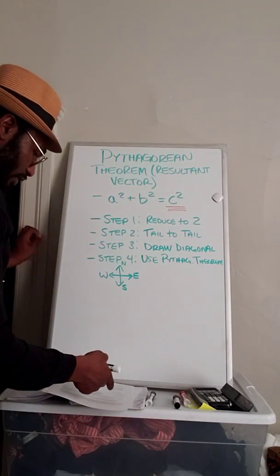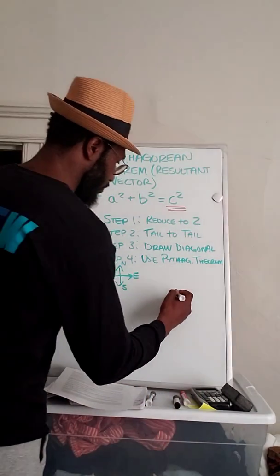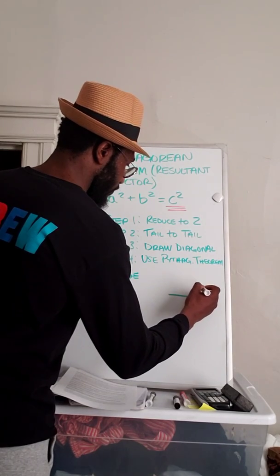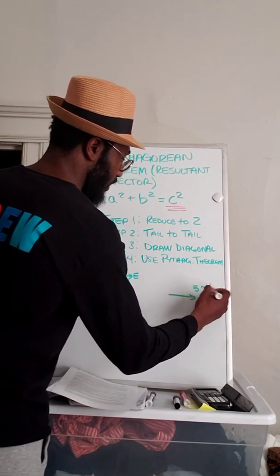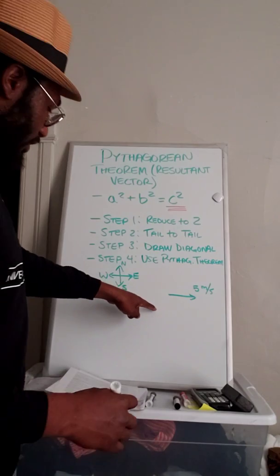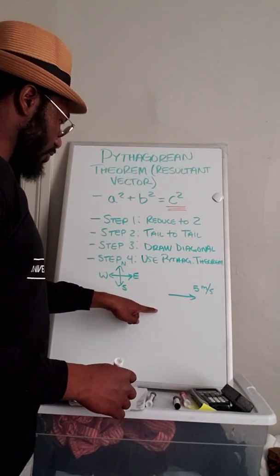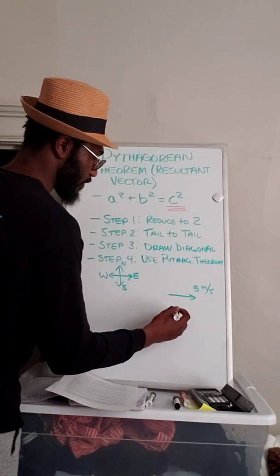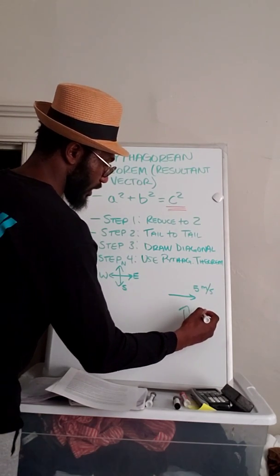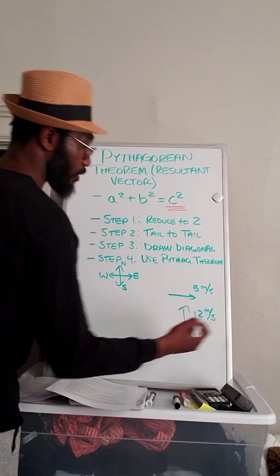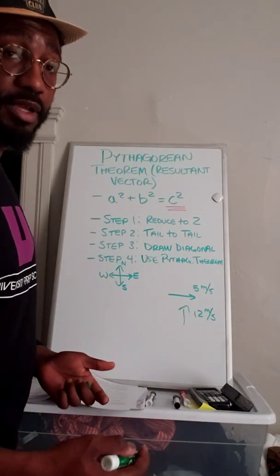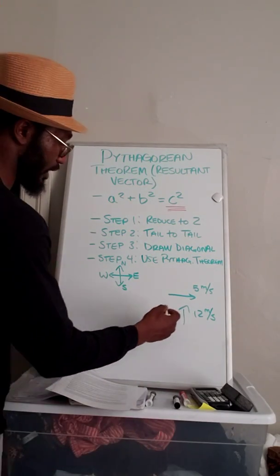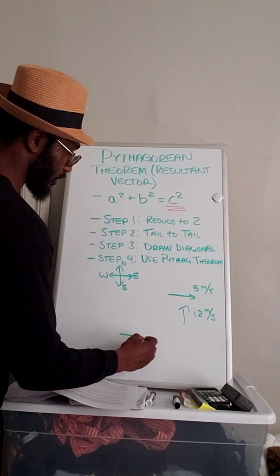So it says Steve's boat is going 5 meters per second east. Okay, so that's 5 meters per second east. And then it says 12 meters per second north. Okay, so I know that the 12 is going to be 12 meters per second north. Those are the only two vectors they give us. So that means I can just go ahead and combine these two tail to tail.